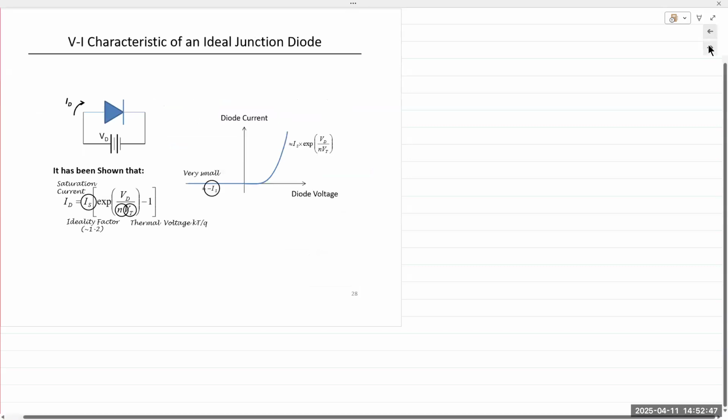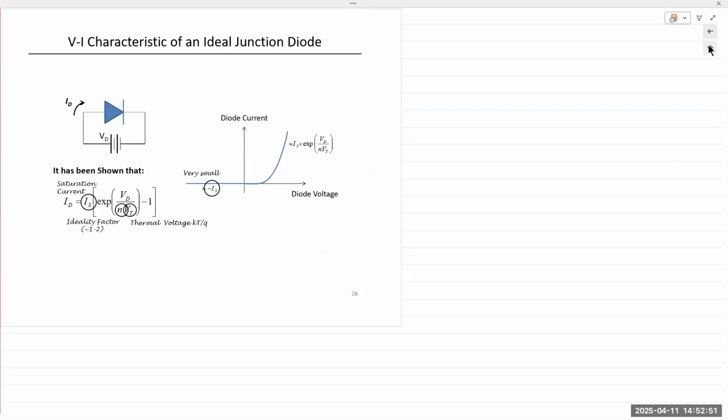The VI characteristic of an ideal junction diode looks like this. We spoke about this at the beginning. We apply a voltage. This would be approximately 0.6 to 0.7 volts for silicon.